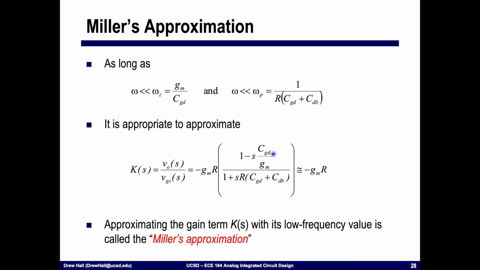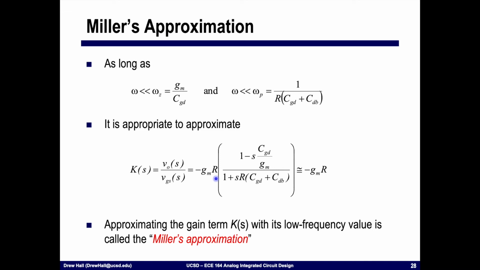The real value of using Miller's theorem comes when we can use what's called Miller's approximation. Miller's approximation states that as long as the frequency that we are looking at is less than the zero frequency, and less than the pole frequency, which we happen to know because we just calculated them, then it's okay to approximate this frequency-dependent gain term as a constant. And that constant is simply the low frequency gain. This is known as Miller's approximation.